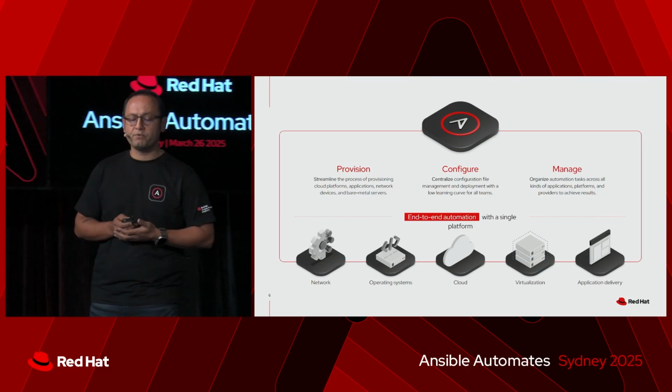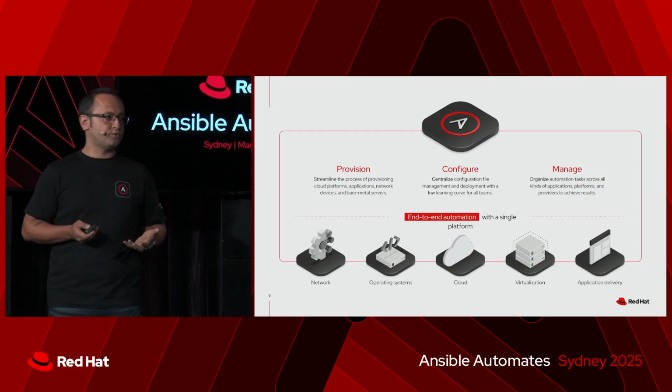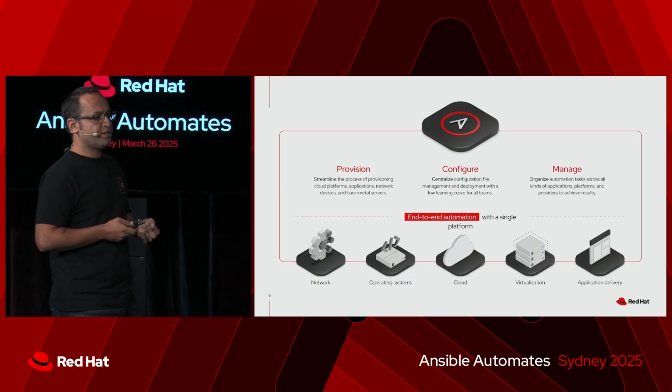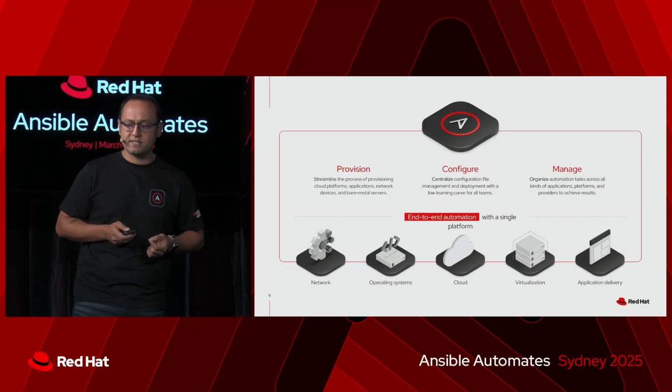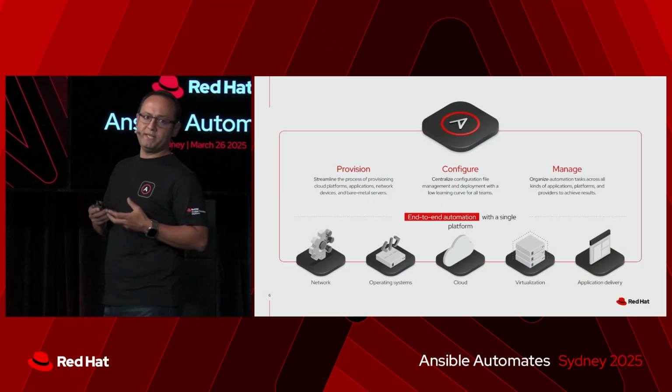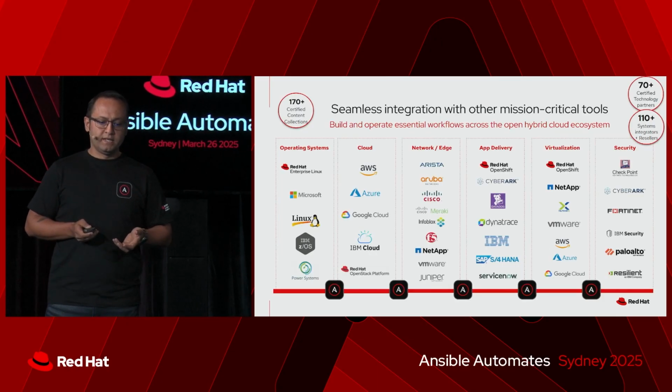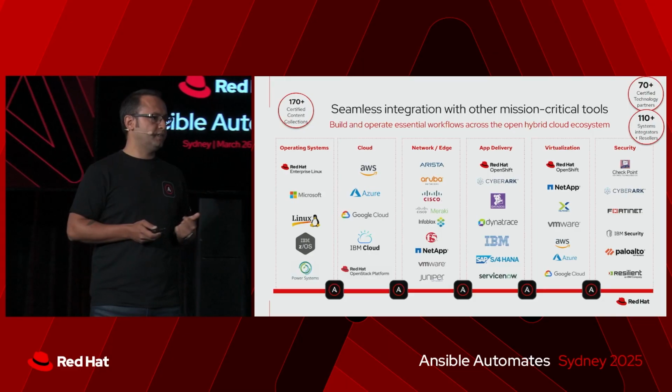One is provisioning and retiring of that resource. Second is the standardization of configuration management. And the third is managing what we call the placement of every resource. So I've spoken about content collection.